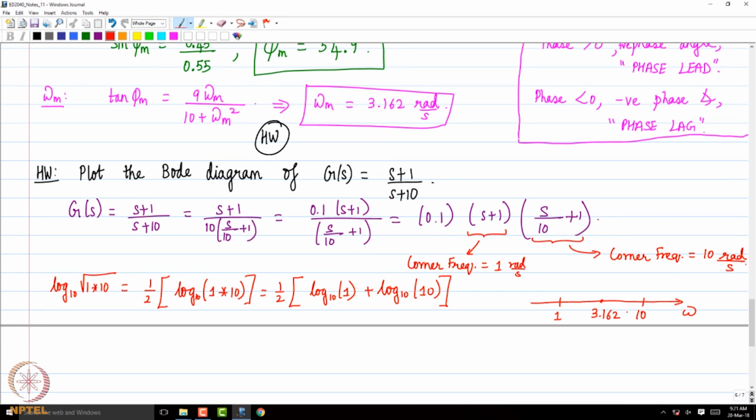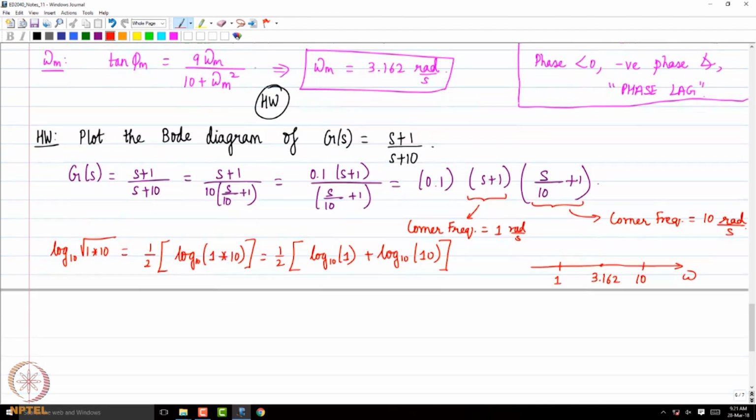Geometric mean, right? So, you see that the frequency at which you get the maximum phase contribution is going to be at the geometric mean of the two corner frequencies in this particular case. This particular transfer function, we will generalize and use in control design, okay.